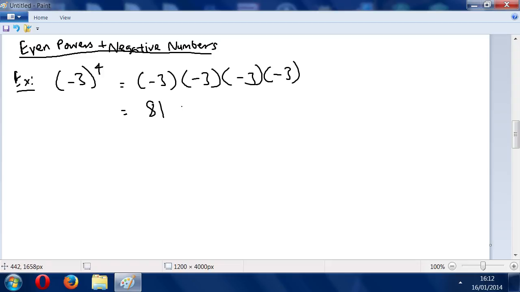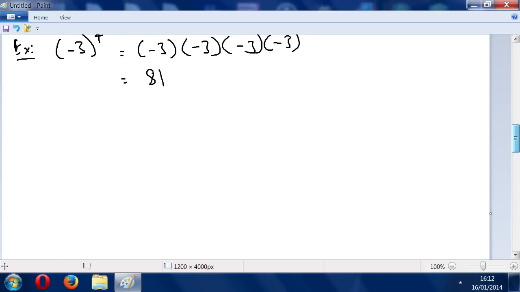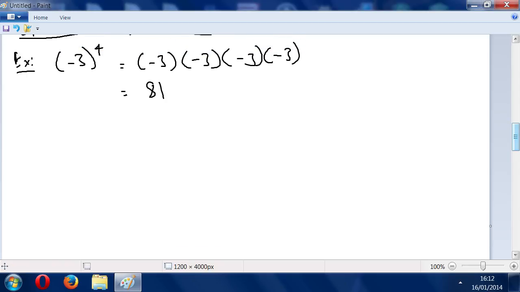Okay, and the important thing to realize here is that this is not equal to this, -3 to the 4th. It looks the same. But we'll recall that the power is much higher up the operation list in terms of importance than a simple minus.